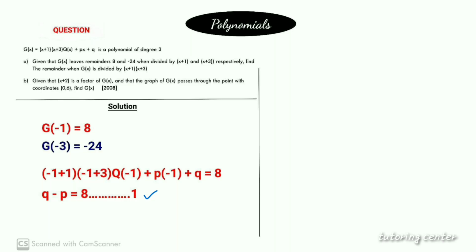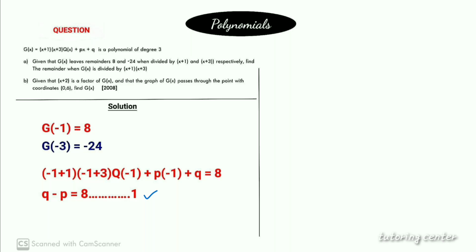Okay, let's do the same thing. We substitute negative 3 in g of x and see how that leaves us. Remember, this is how we divide a polynomial. That is why they said find the remainder when the polynomial is divided by x + 1 and x + 3. So you divide the polynomial by substituting in a certain factor, in this case negative 1, and equating it to the remainder.